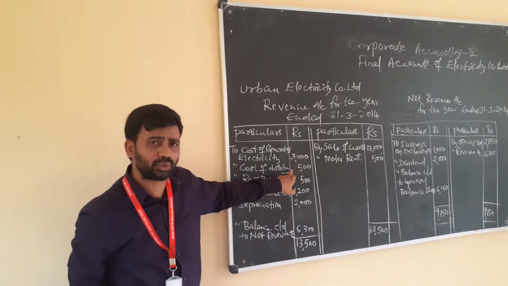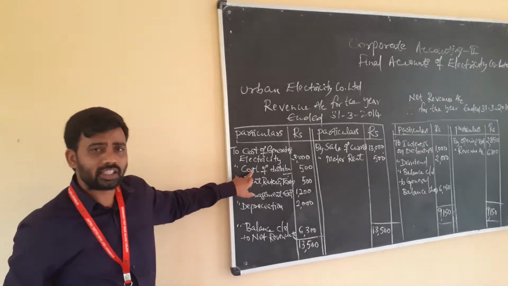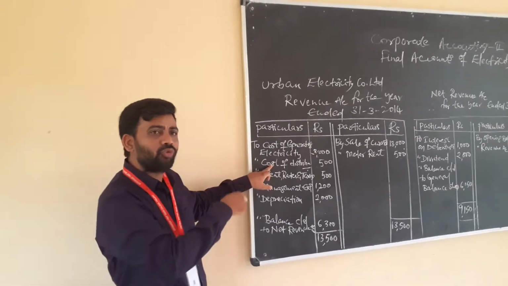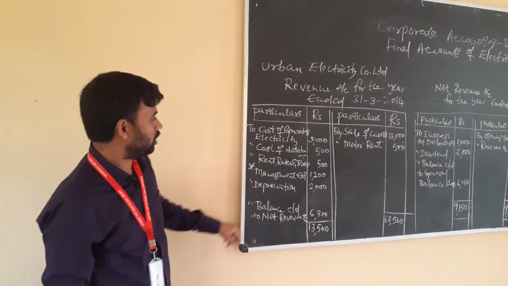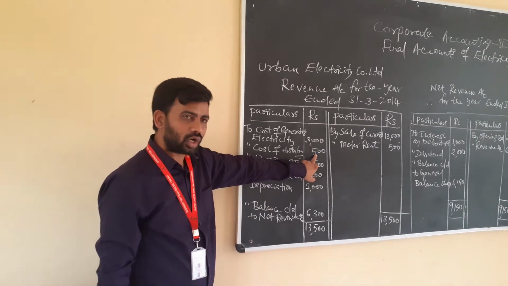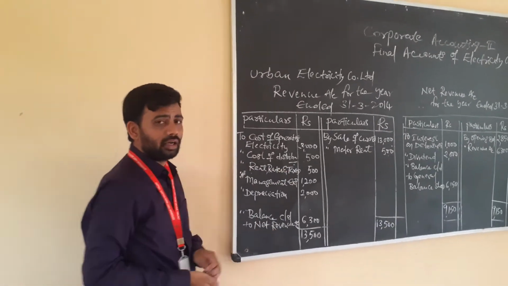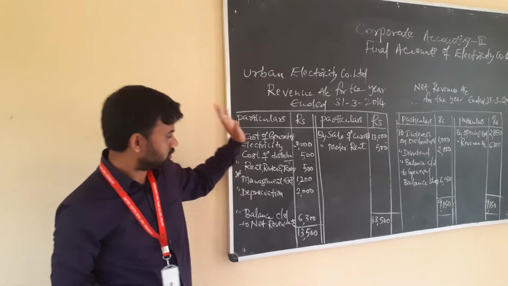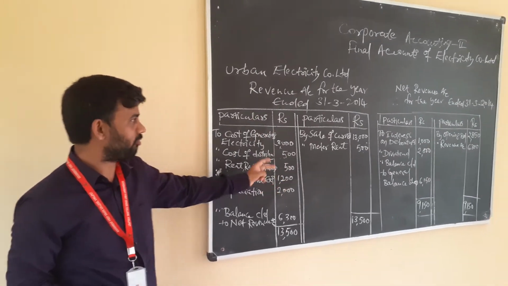Cost of distribution of electricity. Again, it is a direct expense which is directly involved in the production of electricity or power. 500 rupees. Record into the debit side. Rates and taxes. It being a direct expense, it comes under the debit side of revenue account.